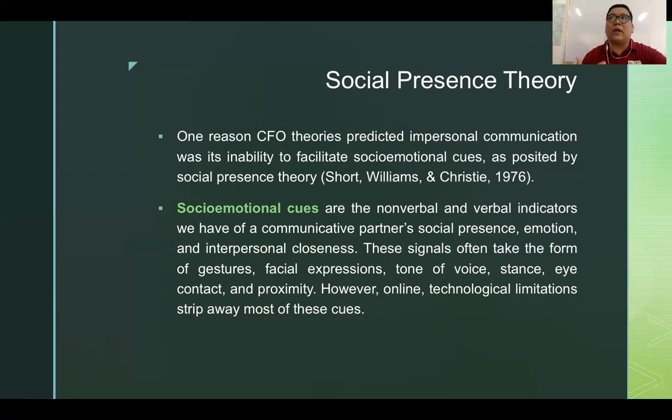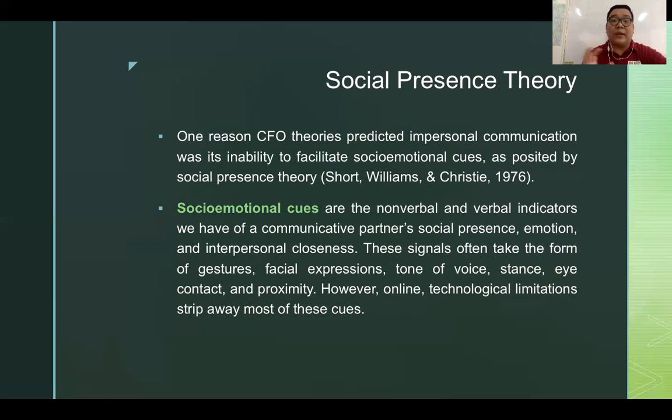So if you are to categorize interpersonal and intrapersonal communication where different cues are highly evident, thanks to the CFO theories, which allowed us to really realize that there is this type of communication called impersonal communication that is primarily characterized with the absence of the socio-emotional cues.